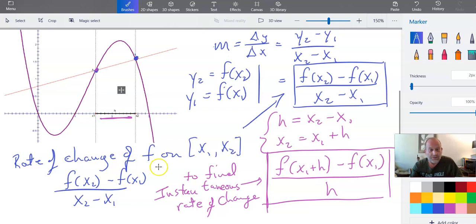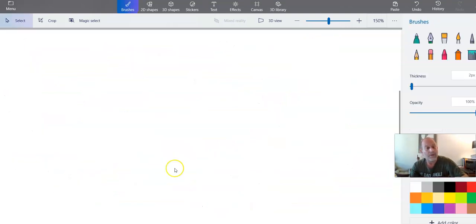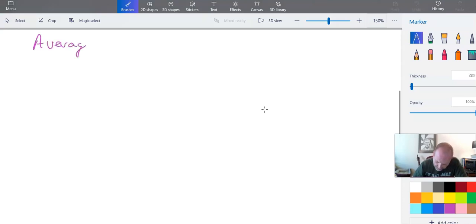Okay, so let's go ahead and clear this off, and we will take a look at an actual, well, maybe not physical, but more tactile example. Let's say we want to find the average rate of change over the given interval.